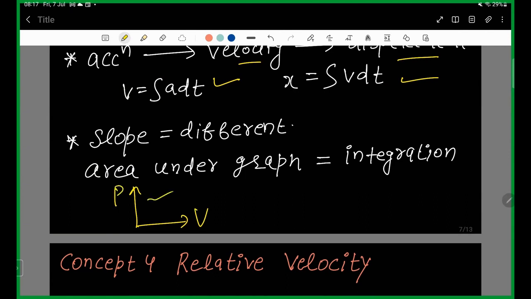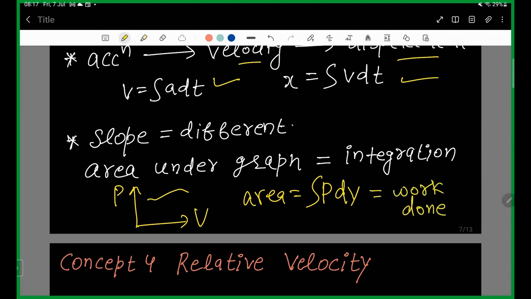The area under this graph will be P into dV, which means integration. And this, you know, is known as work done. So always remember, whatever graph you're making, the area under that graph will be integration.